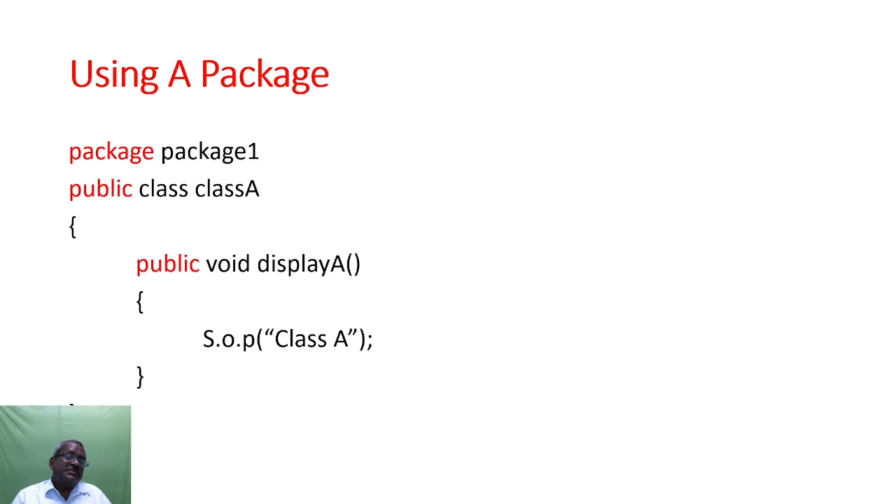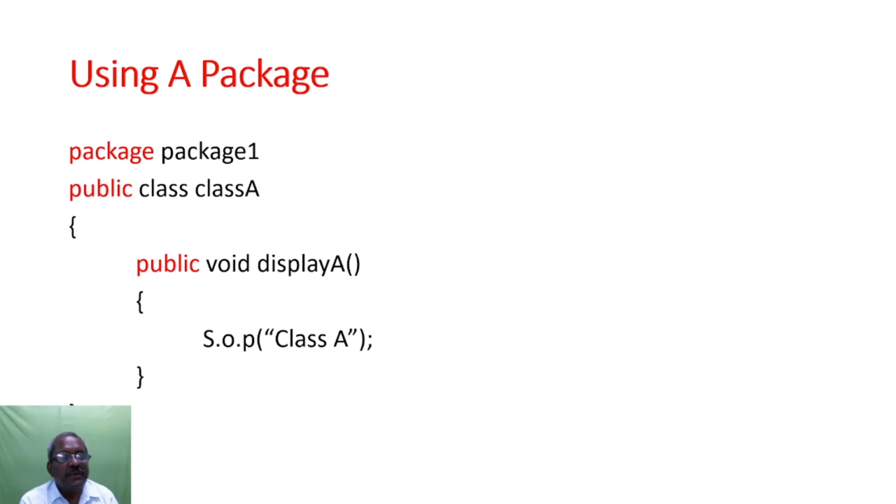So this is an example where we are creating a package. What we have told is the first step is you have to declare the package. Declare package 1. We have declared it. The second thing we have to do is define the package.